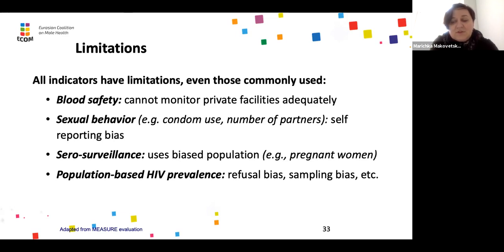You should take this into account and really carefully design your sampling, because if your sample is not good enough, then you will have mistakes or false answers in your population-based prevalence survey, and that will influence your evaluation.